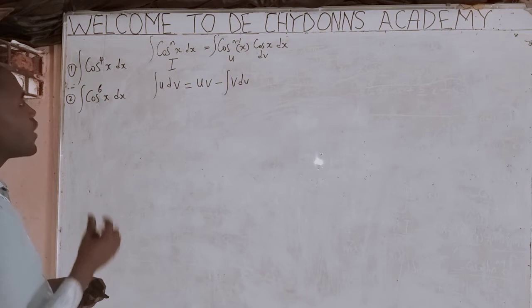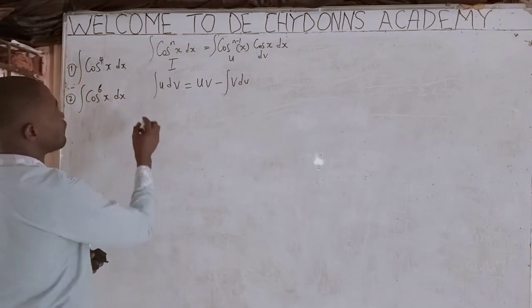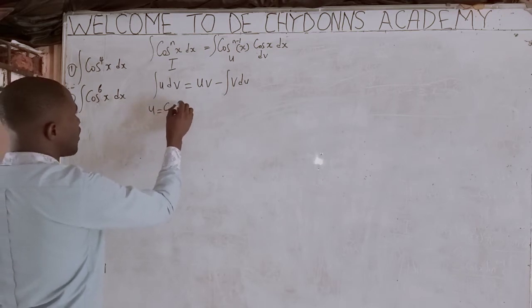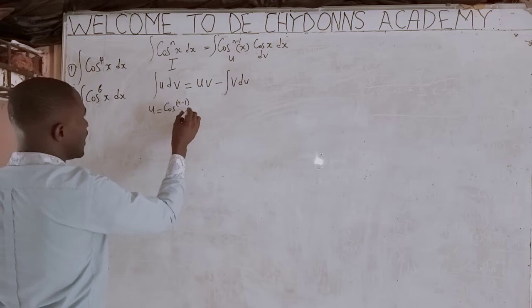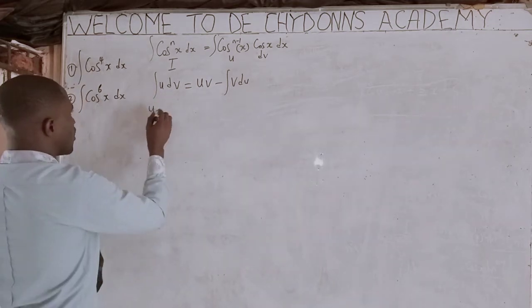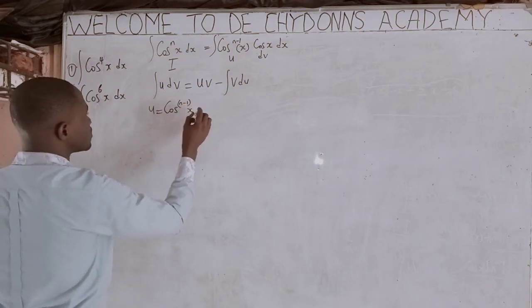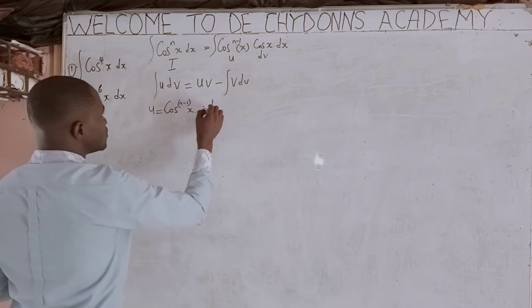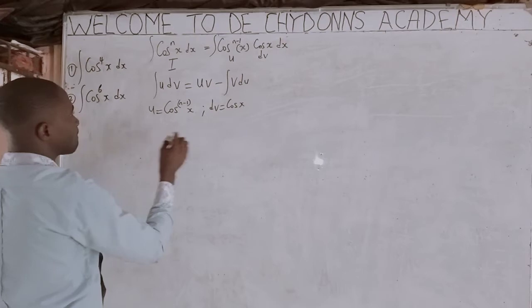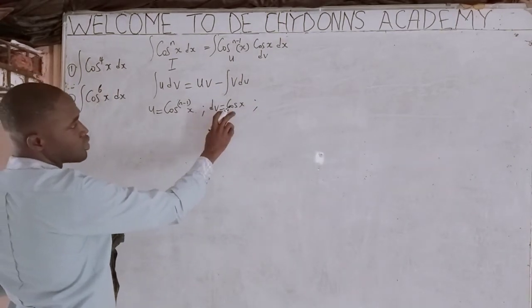So what is the value of u? u equals cos raised to power n minus 1 x. Then dv equals cos x. Then when this is differentiated, v equals this.